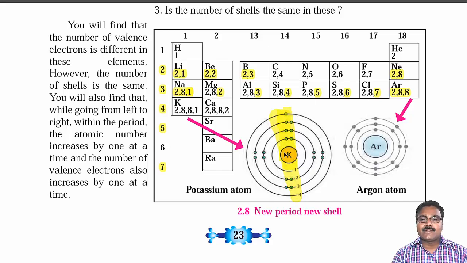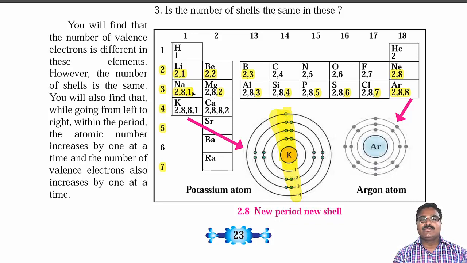And the atomic nucleus consists of protons and neutrons. Neutrons do not have any charge, but protons have positive charge, and therefore there is attraction between positively charged protons and the electrons present in the outermost orbit, as they have opposite charges.